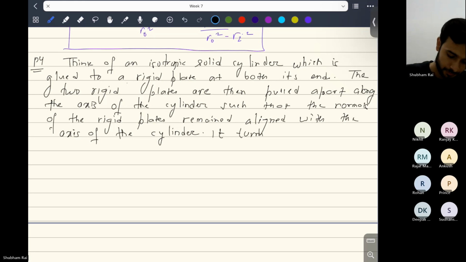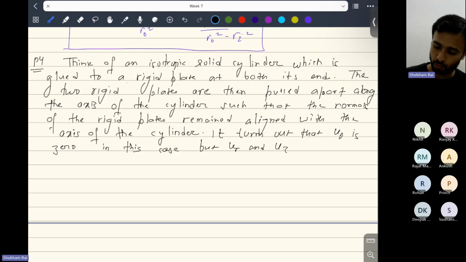Turns out that u theta is 0 in this case, but ur and uz do arise. ur and uz will be there, but u theta will be 0.